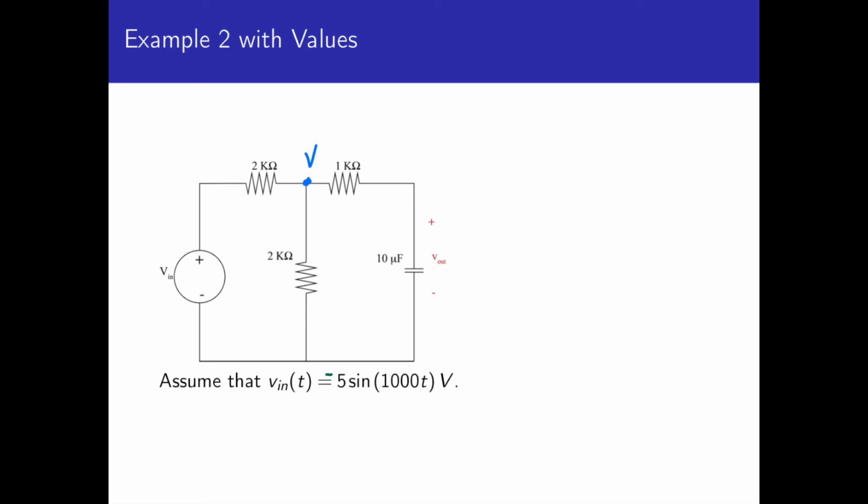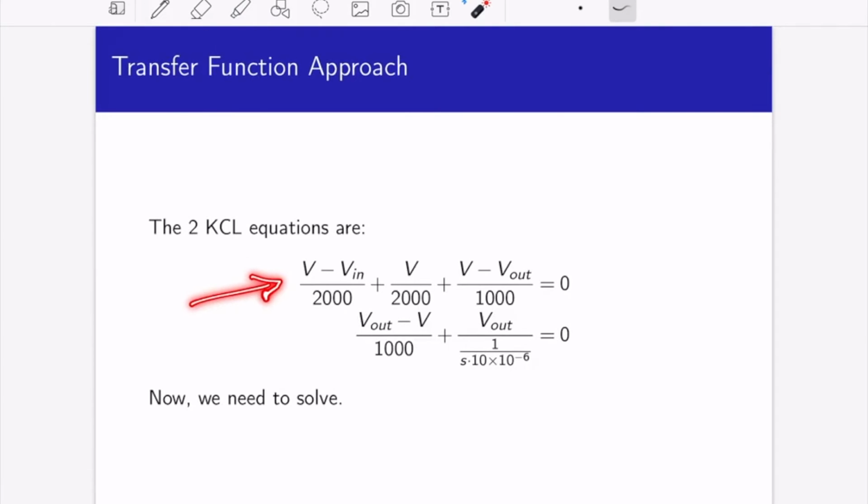Writing the KCL equations for this circuit, we're going to define this point as V. V minus Vn over 2000 plus V minus 0 over 2000 plus V minus V out over 1000 is equal to 0. That will be the first equation.